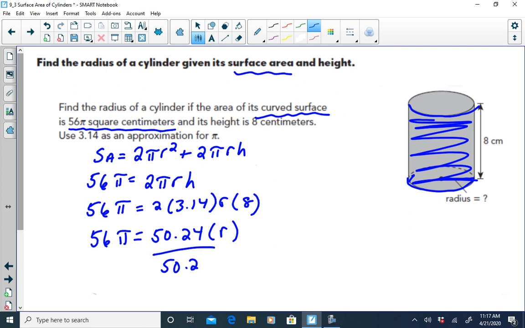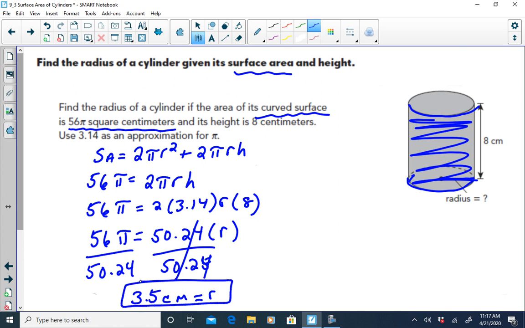Divide both sides by the 50.24. That's a 4. They cancel, and we wind up with a radius of 3.5 centimeters. That's going to be equal to the r.